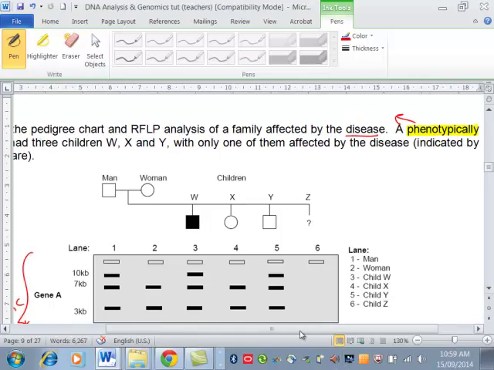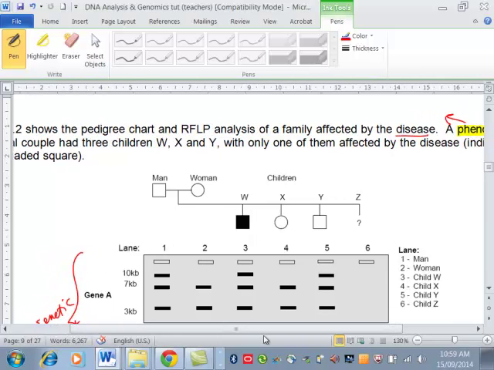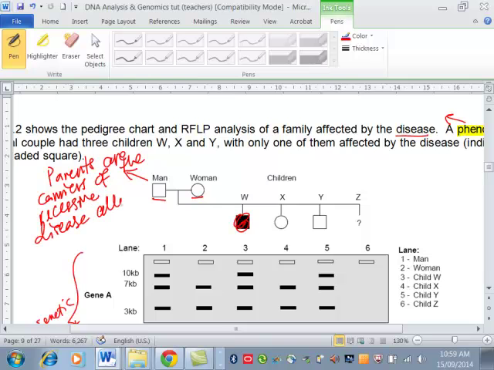Because if you take a look at the parents, they are normal, because only if it's shaded will the person have the disease. The parents are phenotypically normal, but in order to have a child W that has the disease, the parents most probably have the recessive gene. Carrier, very good. I heard a girl say carrier. So I want you to write down here: parents are carriers of the recessive disease allele. Recessive disease allele. Okay?